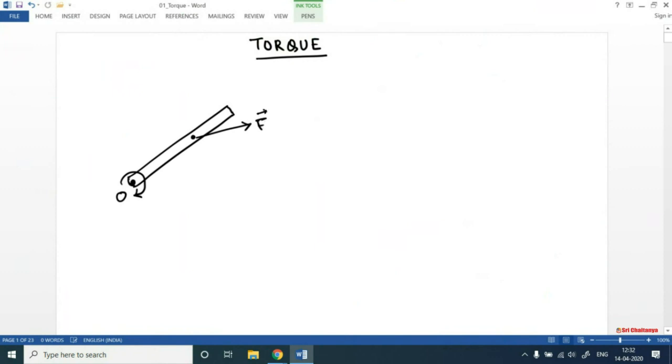So this is F, and let's say the position vector of this point with respect to the axis of rotation is R. Now the torque would be defined as tau is equal to R cross F. And when we write its magnitude, it will be equal to R F sine theta.